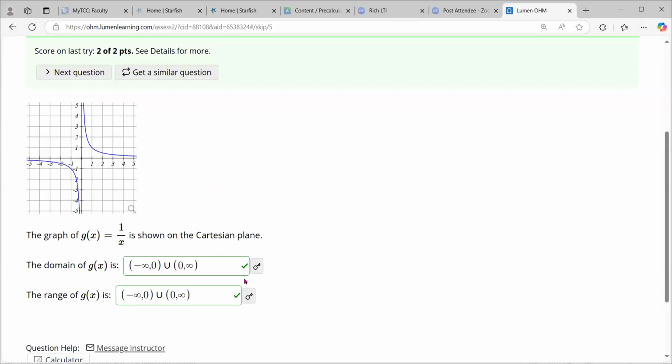Right? Let me challenge you with one problem. Let me stop sharing the browser and share my note again. My note is right here.